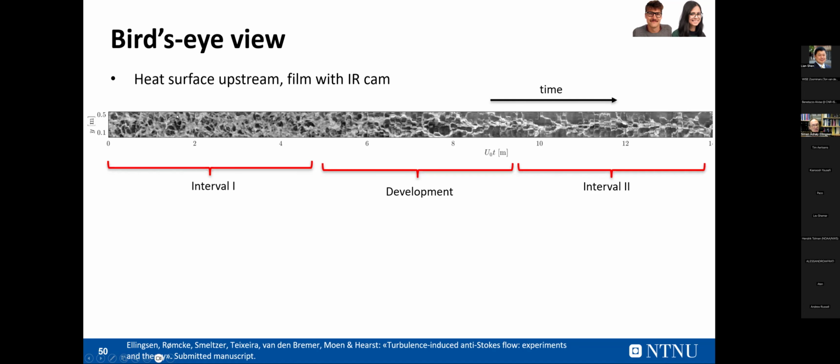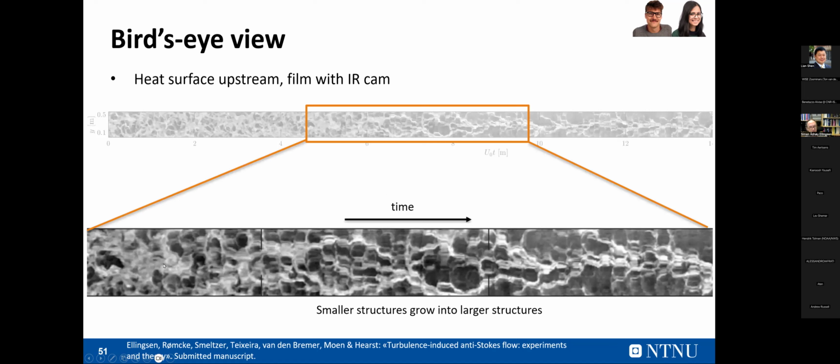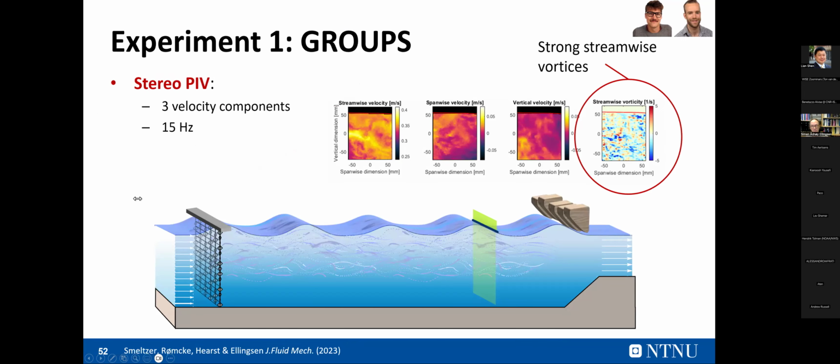The turbulence starts out with quite small structures, and ends up with these big ones. And during the spin-up time, it seems to me, at least to my eyes, although this is perhaps just so you see what you're looking for, that it's the smaller structures that seem to grow into gradually larger Langmuir type structures.